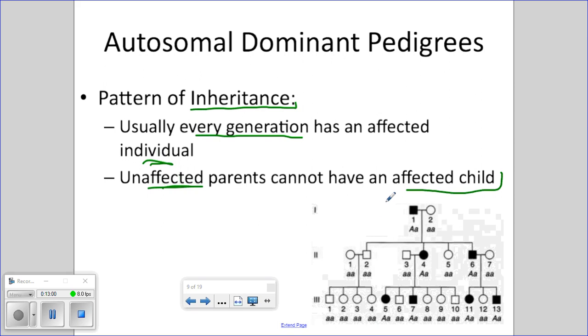If we look at the following example here, we can see an affected male, and based on patterns of inheritance, they are having children that are affected. We expect about 50% of their children will be affected. And then in the next generation, the disease is showing up again. Here we can see that this child was not affected, so they did not get that gene, and none of their children are affected.